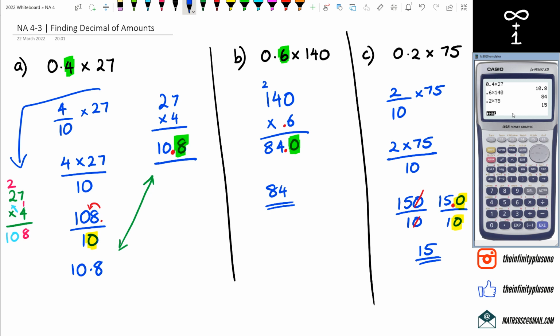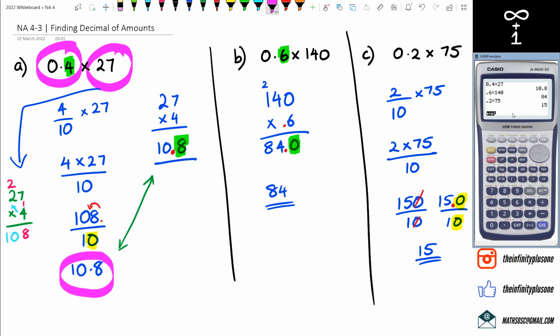Now, one thing I'm going to mention is that whenever you're multiplying a big number by a decimal, generally speaking, your numbers tend to get smaller. What do I mean by that? For example, I'm multiplying 27 by 0.4, and my final answer is smaller than 27.